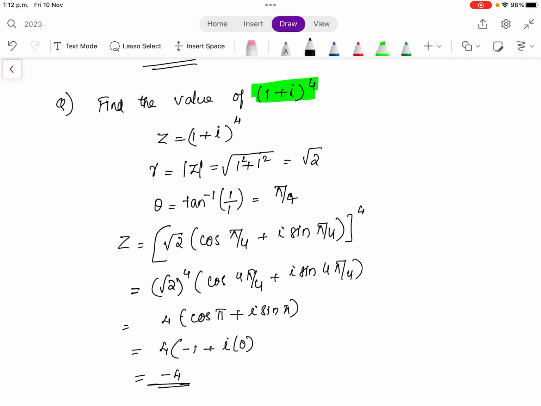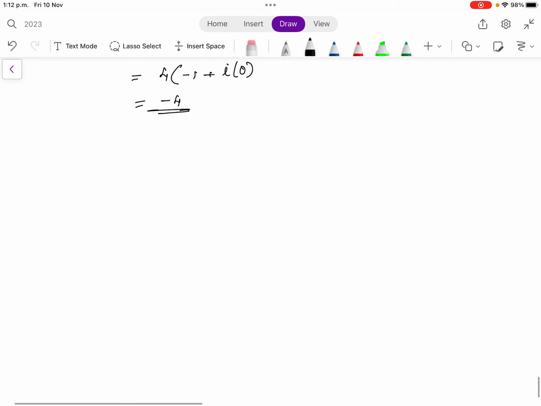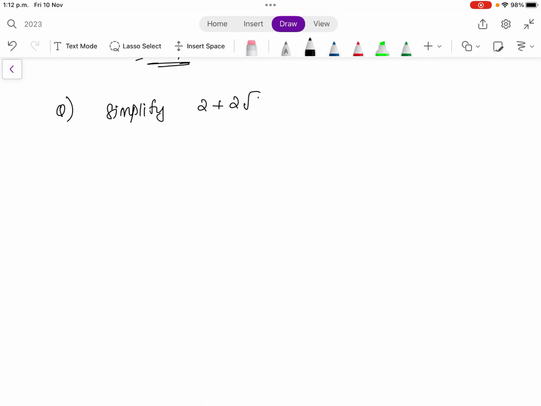Okay, now let's look at another question, same type. Simplify (2 + 2 root 3 i) to the power of 6. So we follow the same method here.